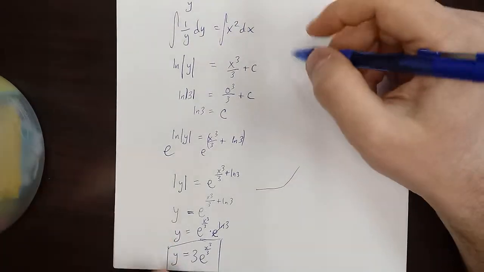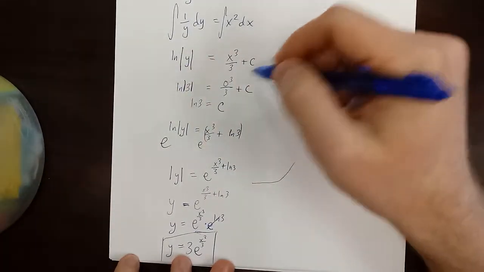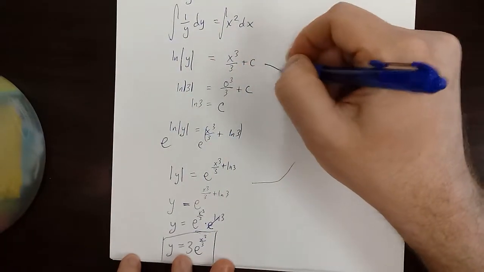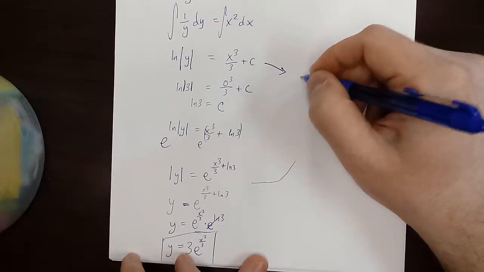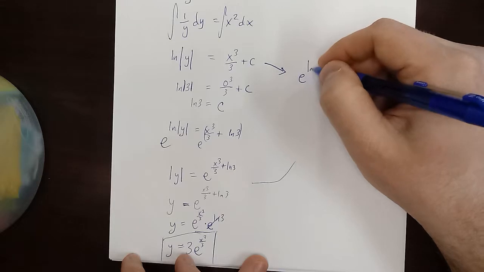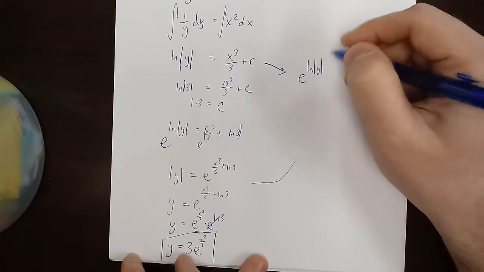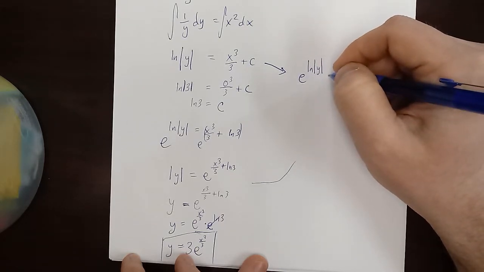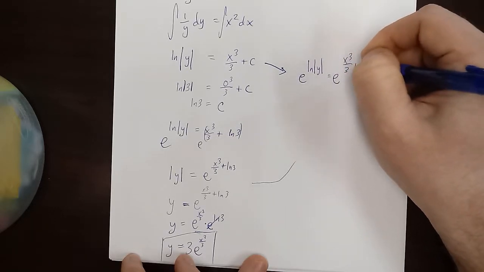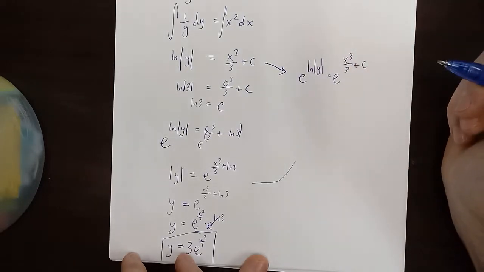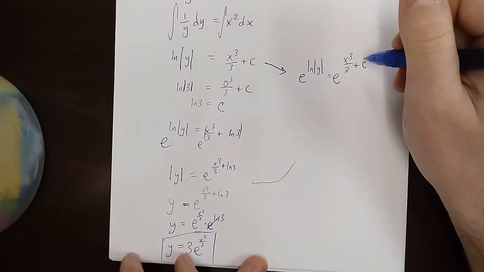The better way to do a problem like this is, before we find c here, solving this for y early is actually good. Because if we e both sides here, e to the ln of y is equal to e to the x cubed over 3 plus c. There's a little shortcut that we can do on something like this.